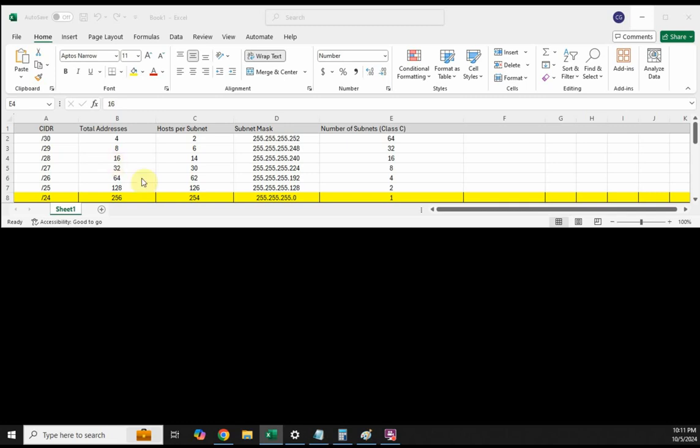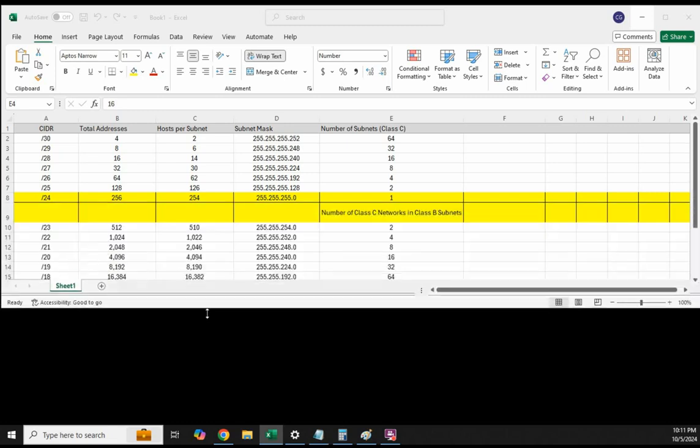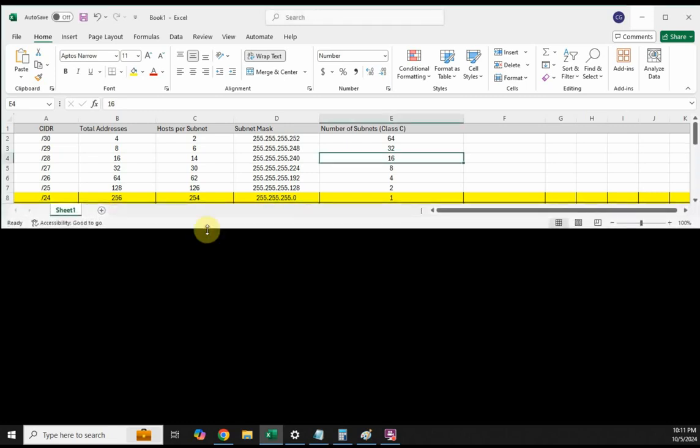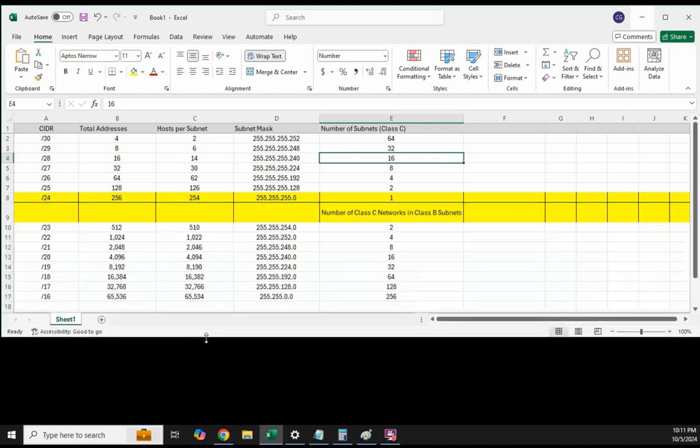As long as you understand this table, and I've worked it down to a /16, you can carry it further later if you want. When I took my CCNA, before I even took the test, I took a scratch piece of paper and drew this table out all the way down to /16.